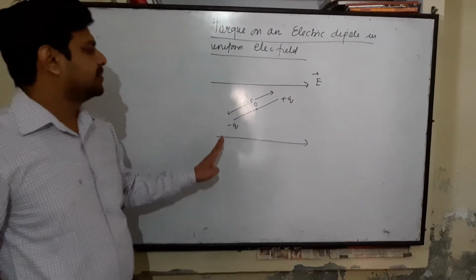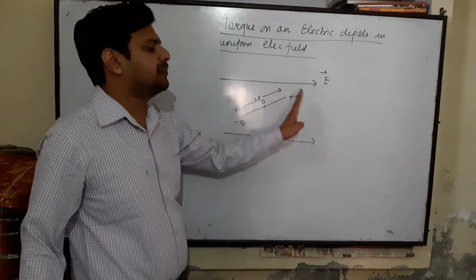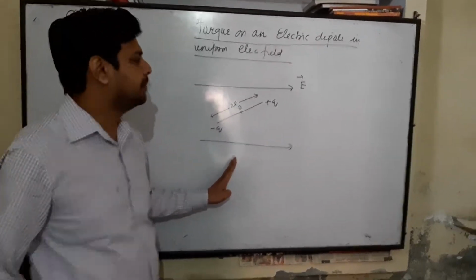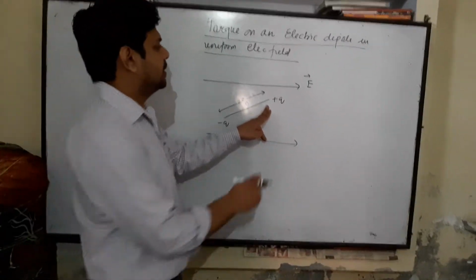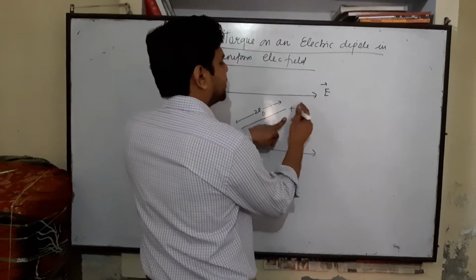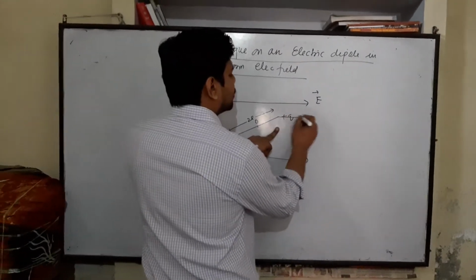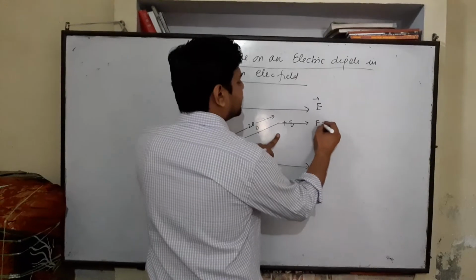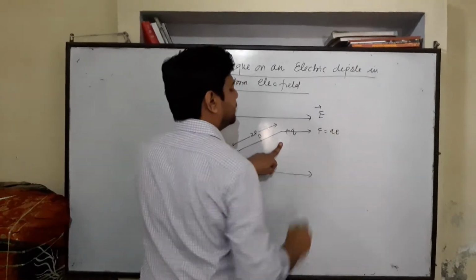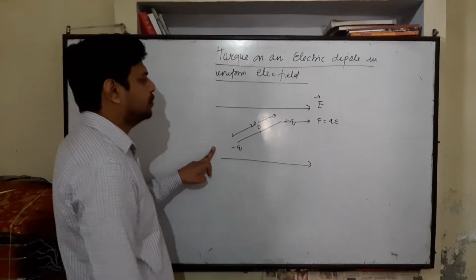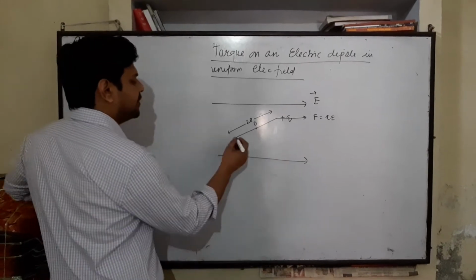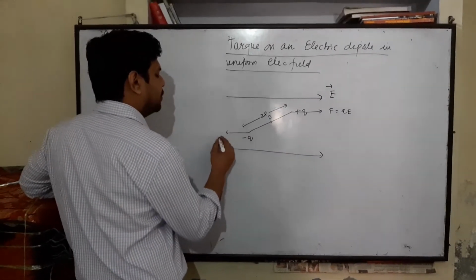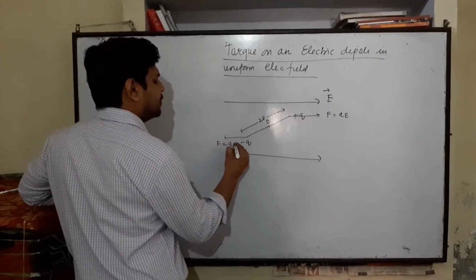Now if we place this dipole in a uniform electric field, then what will happen? Let's see. The charge plus Q experiences some force in the direction of the electric field, F equals QE, and the charge minus Q also experiences an electric force opposite to the electric field, F equals QE.